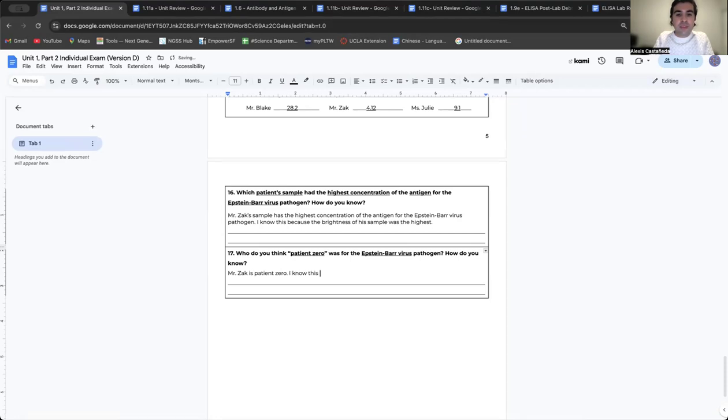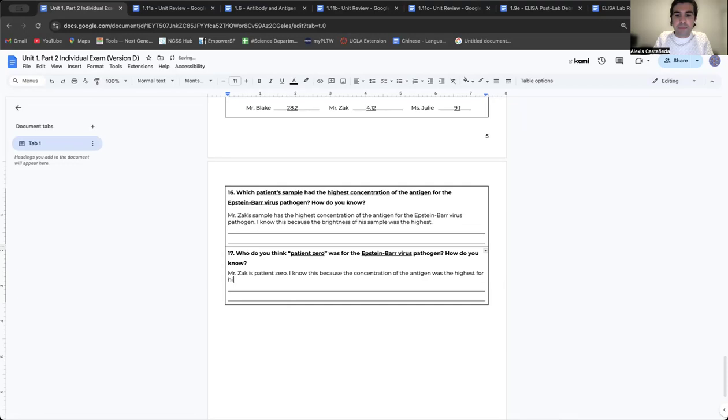I know this because the concentration of the antigen was the highest for him. This means he was the first person to get sick. The virus has been reproducing inside of him for the longest, inside his body for the longest.